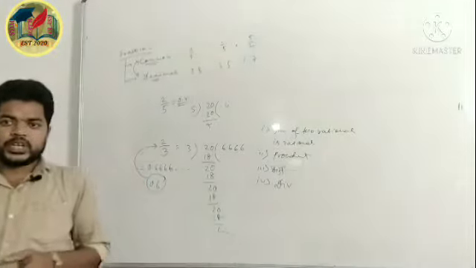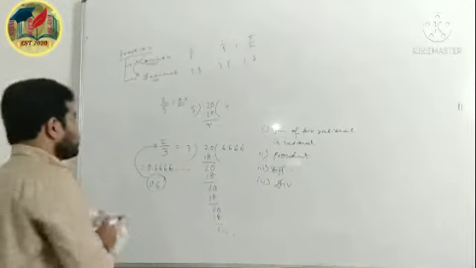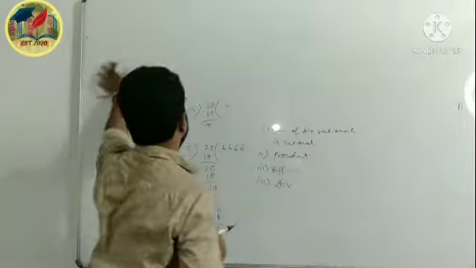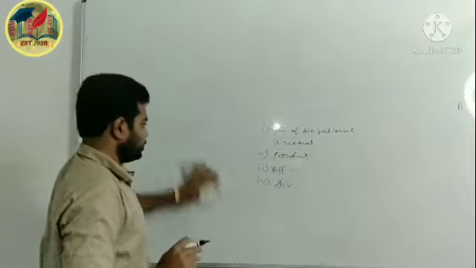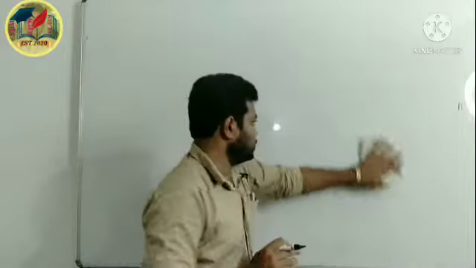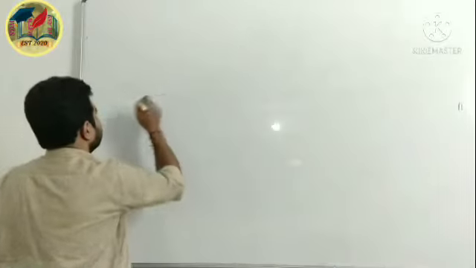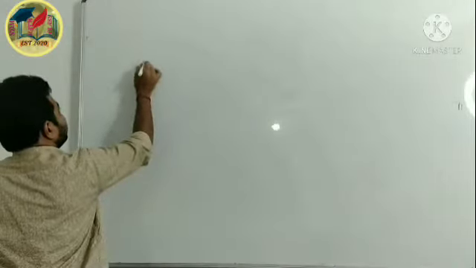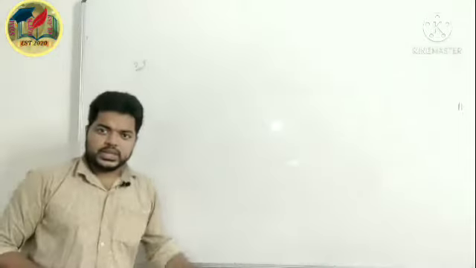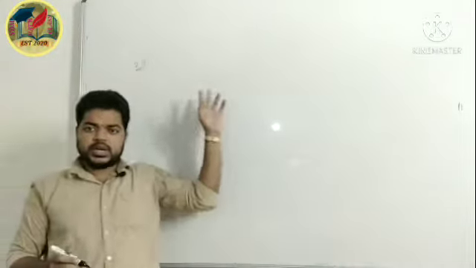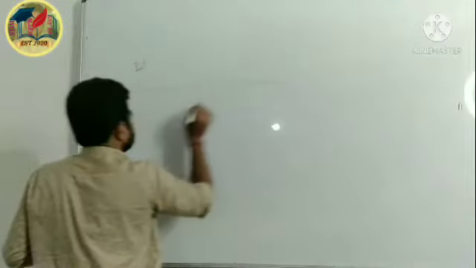Now we represent rational numbers on a number line. Clear? Suppose we represent 2.5, a decimal rational number, on a number line. Obviously we know that this number lies between 2 and 3. Now we consider a number line.